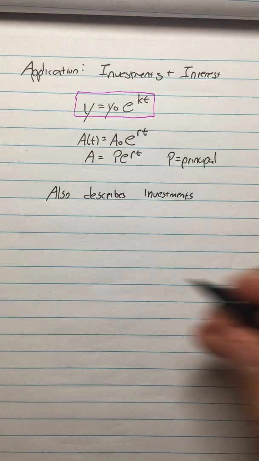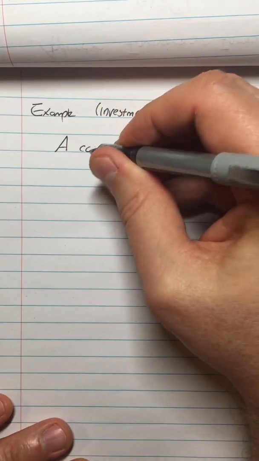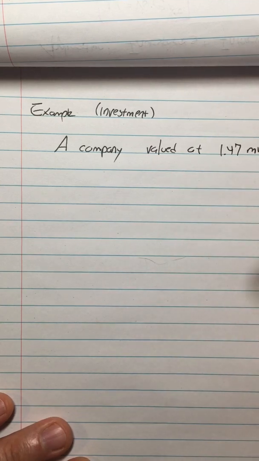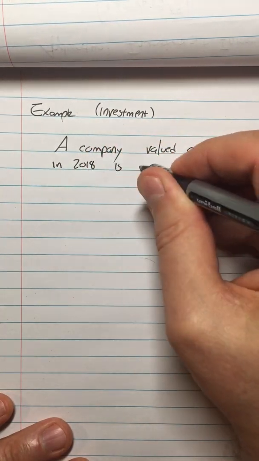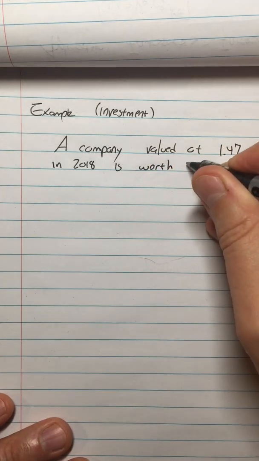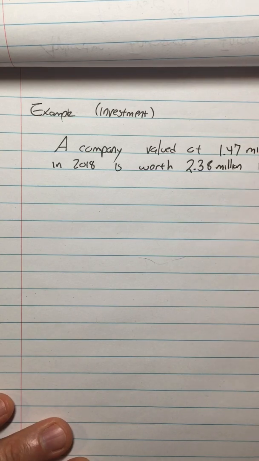So let's say I had, I didn't write this yet. I'm just going to write this ahead of time. Okay, so I'll write it now. It'll be sloppier than I intended. A company that is valued at 1.47 million yen or dollars or whatever, maybe pesos, I don't know, in 2018 is worth 2.38 million in 2021.